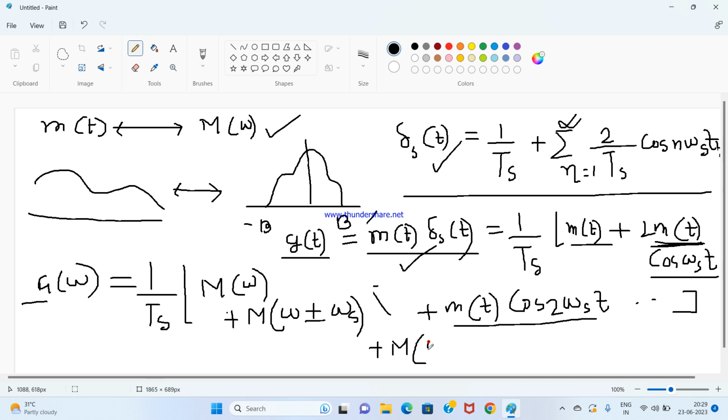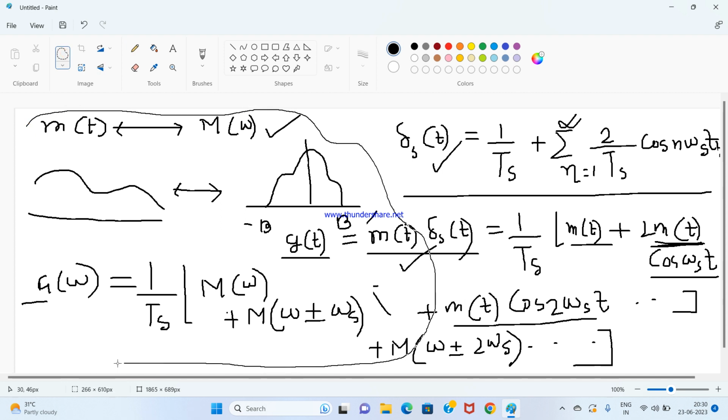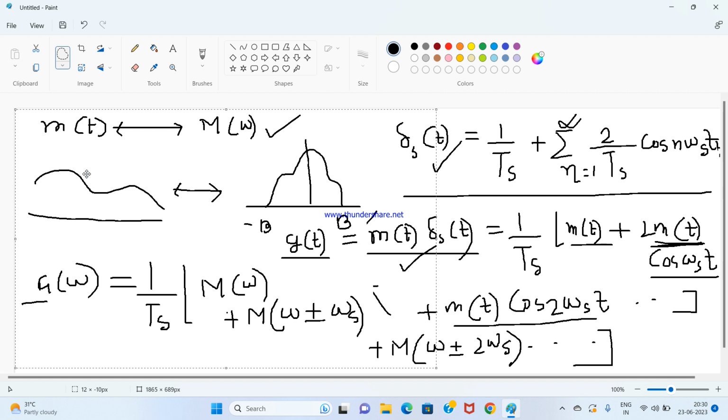And this will come omega plus minus 2 omega s, and so on. So if I write this Fourier transform g omega in a simplified form, what will it come?